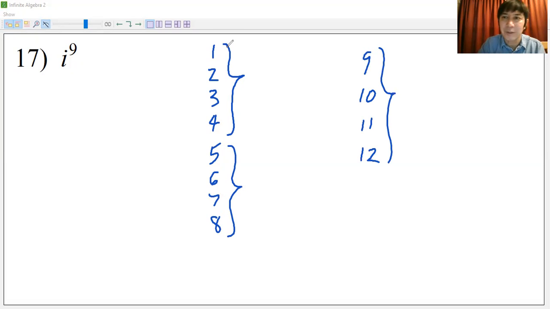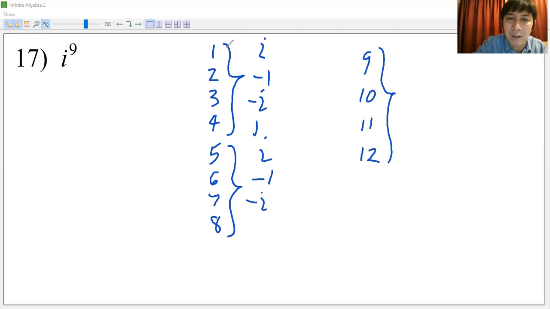For all of this, you will have a cycle. This will have the i, this will be negative 1, this is negative i, this is positive 1.